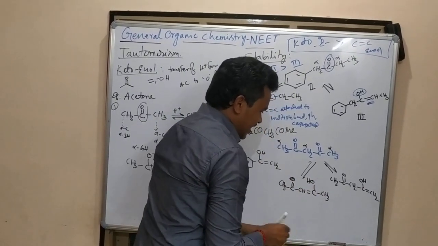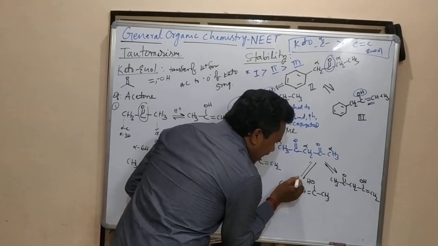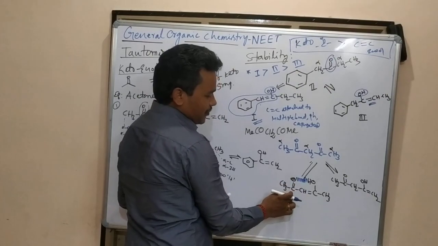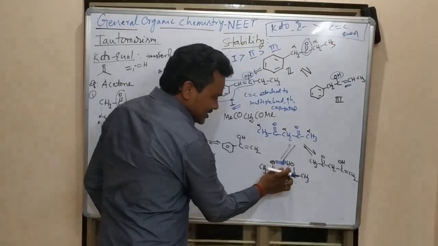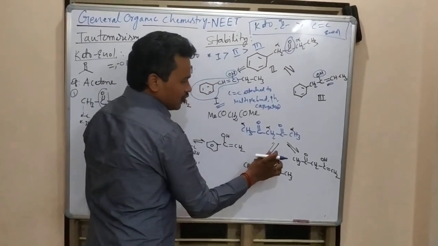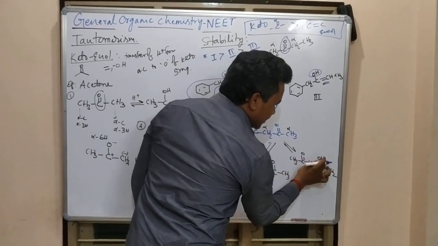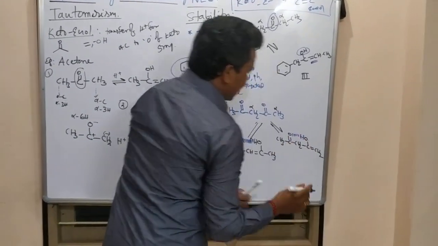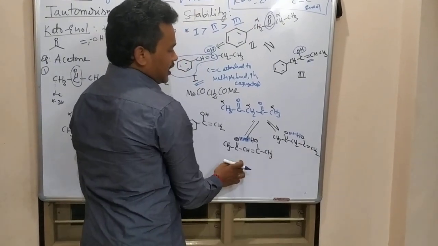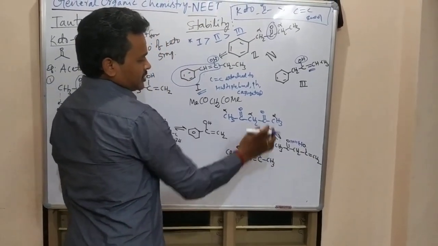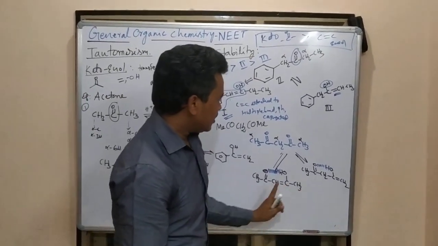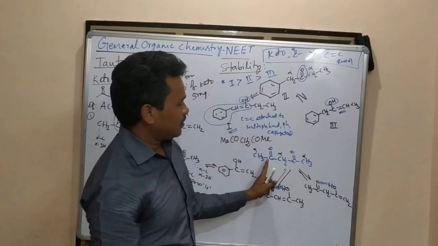There is hydrogen bonding forming between this oxygen of the keto group and this H of the alcohol group. Here again, I am going to write this hydrogen for my convenience. At the time, these two enol forms are more stable than this.